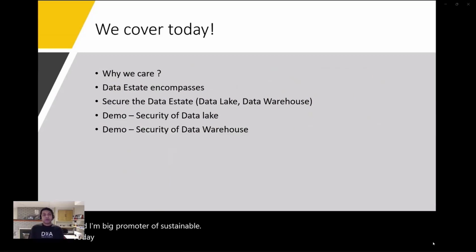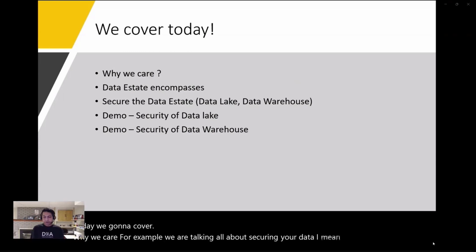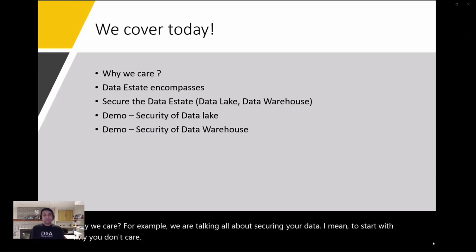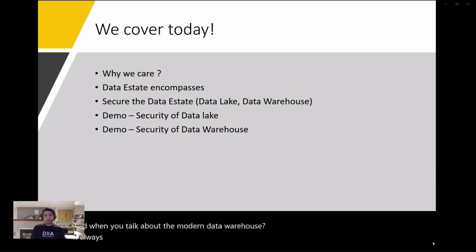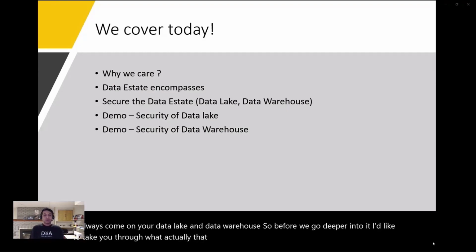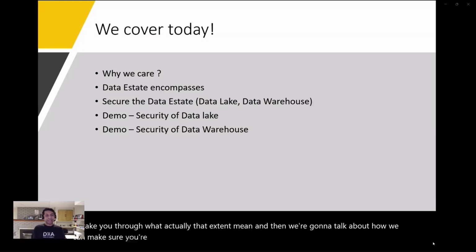Today, we're gonna cover why we care. For example, we are talking all about securing your data. I mean, to start with, why even do we care, right? When we talk about the modern data warehouse, it always comes with your data lake and data warehouse. So before we go deeper into it, I would like to take you through what data estate actually means, and then we're going to talk about how we can make sure your data estate is secure.